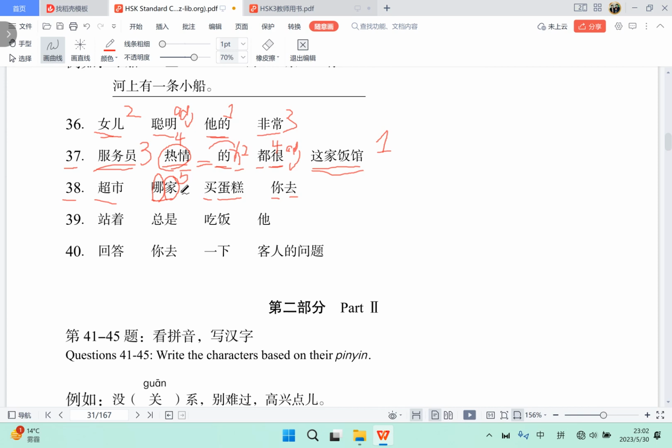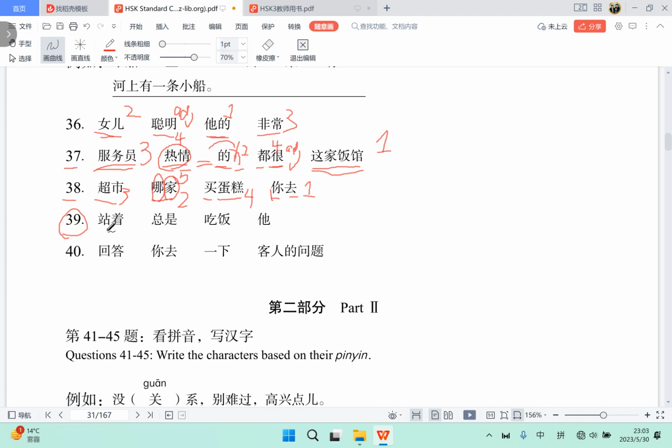In the Chinese language, we just use the normal sentence order, like you go to which supermarket to buy the cake. So two actions happen in sequence, right? So 你去, you go to, 哪家, which one, 超市, supermarket, 买蛋糕, buy the cake. So 你去哪家超市买蛋糕.